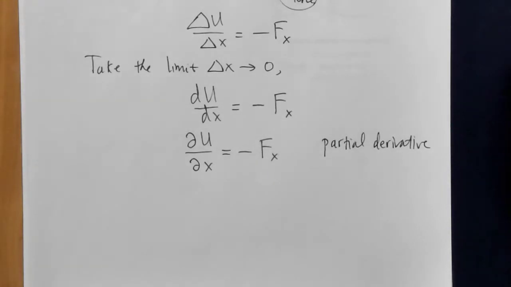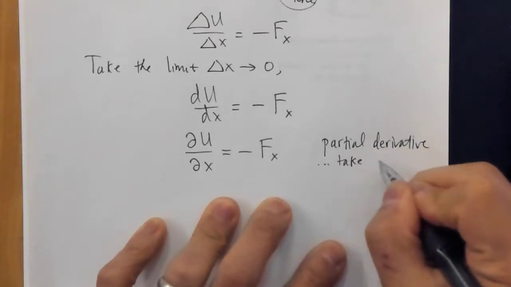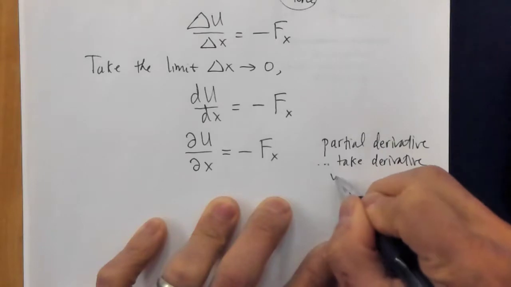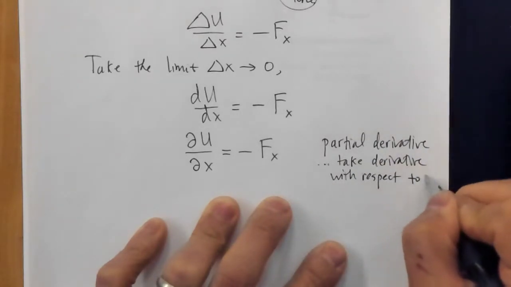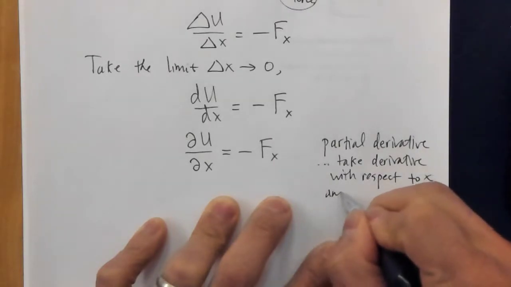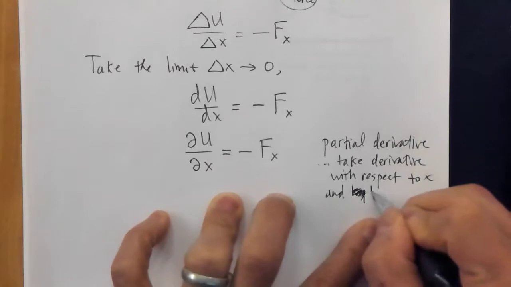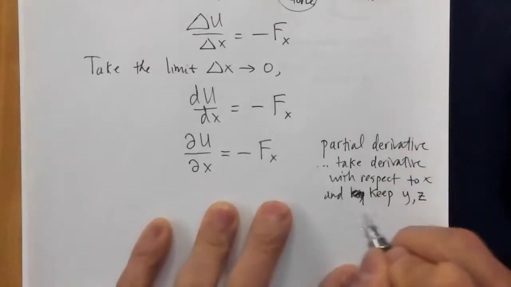What you're doing is taking the derivative with respect to x, and keeping y and z constant.